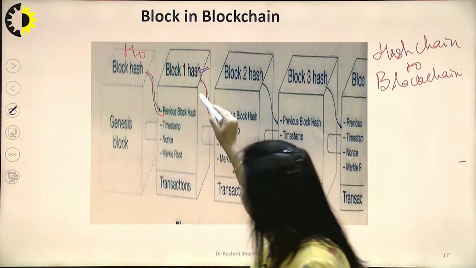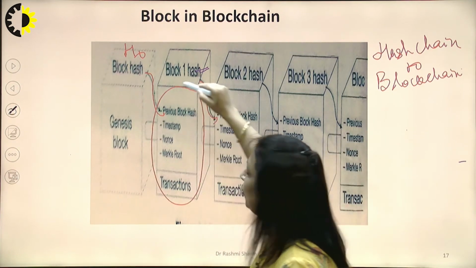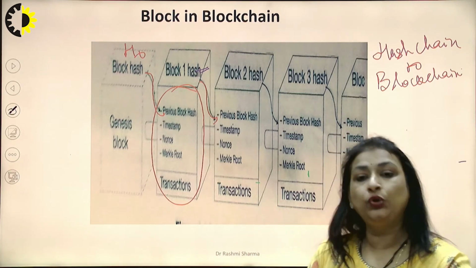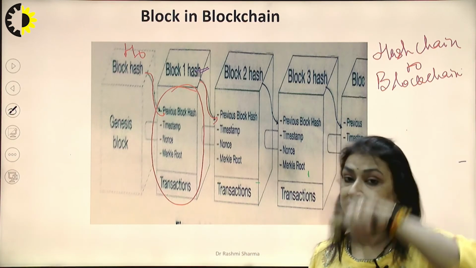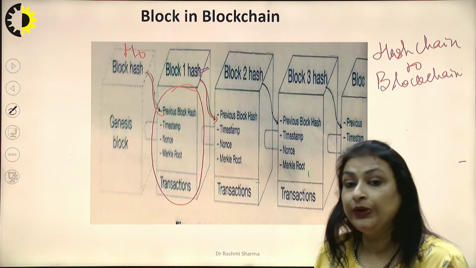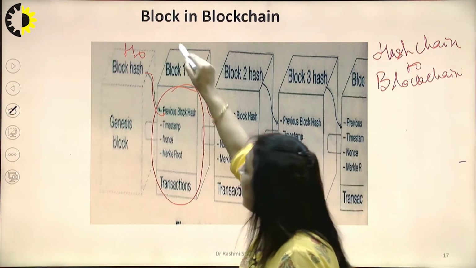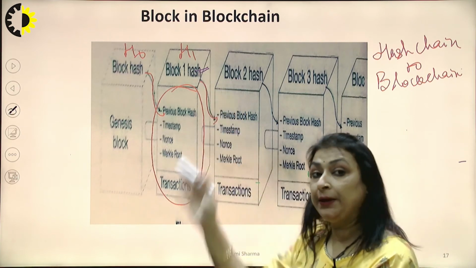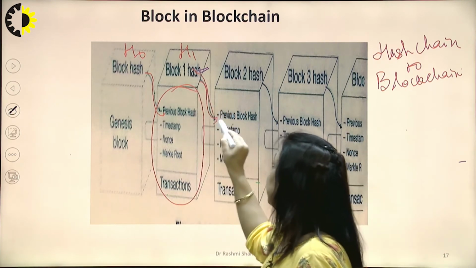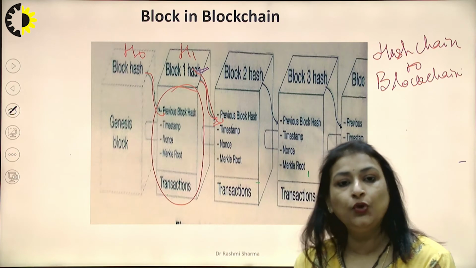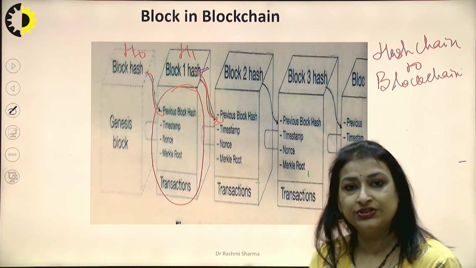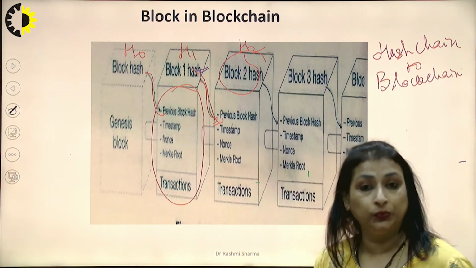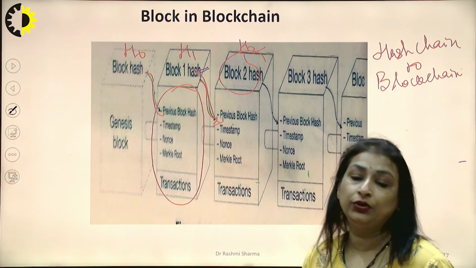We generated a new hash code, packed into one packet along with the previous hash, which was unique, and created a new hash H1. Again, this H1 is packed with the next transaction data, and then a new packet is created, a new block is created, and that is again uniquely identified by another 16-bit alphanumeric value.